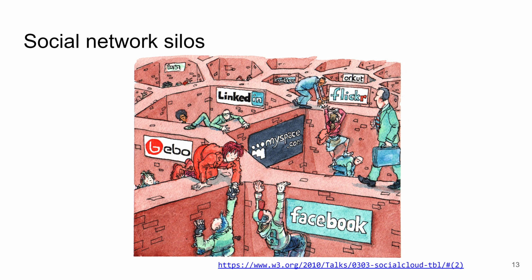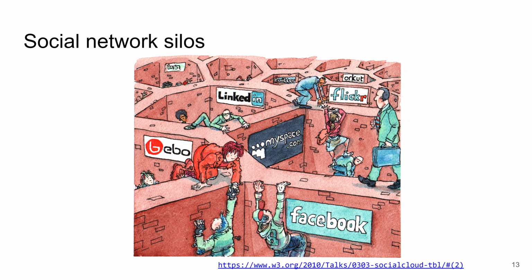This means that if you want to talk to your friends in another social network, you have only two choices. Either you join the other social network, or you persuade all your friends to join your social network. There is no interaction across borders of the silos.